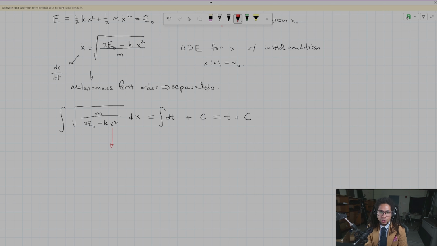The u substitution that we need to do will make this whole term into something that looks like 2E naught times, let's say, sine squared of theta for some theta. So what is the substitution? In this case, a theta substitution that will do that. Well, if I divide it over, it looks like I'm going to need x is equal to root 2E naught over k sine of theta.